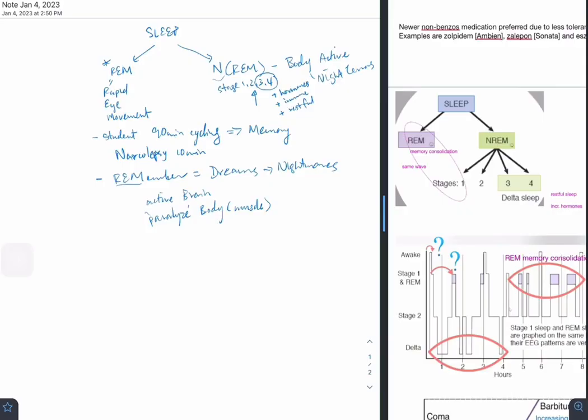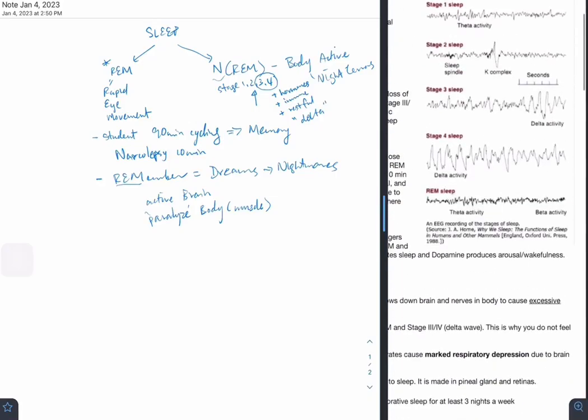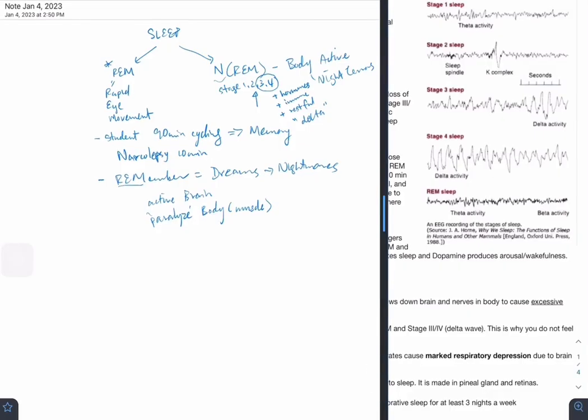Stages 3 and 4 are called delta sleep because of the wave. Delta is the letter D, and there's a wave called the delta wave. This is the delta wave.